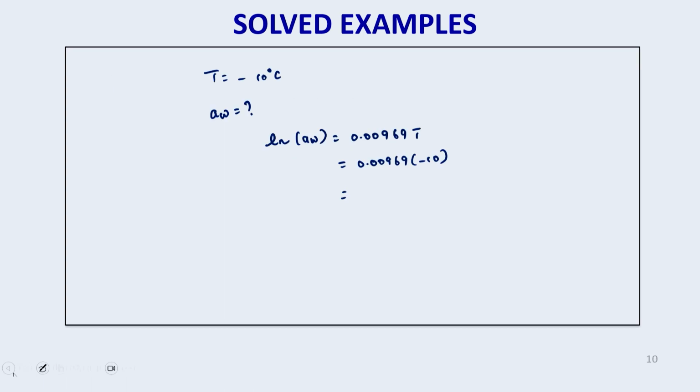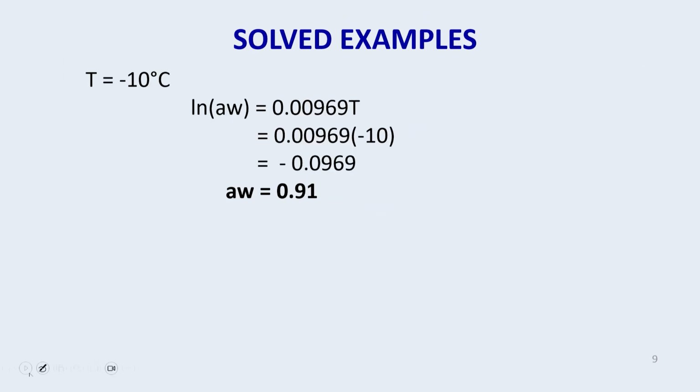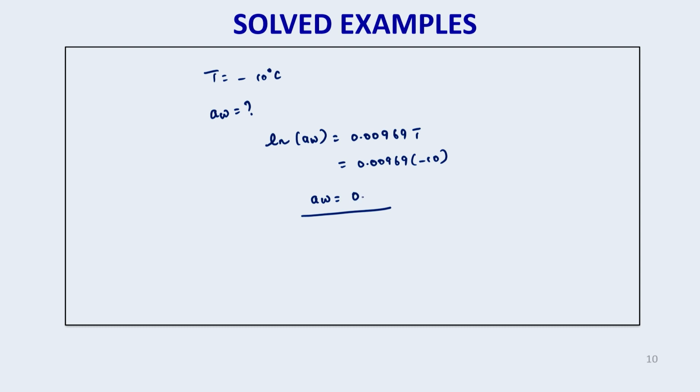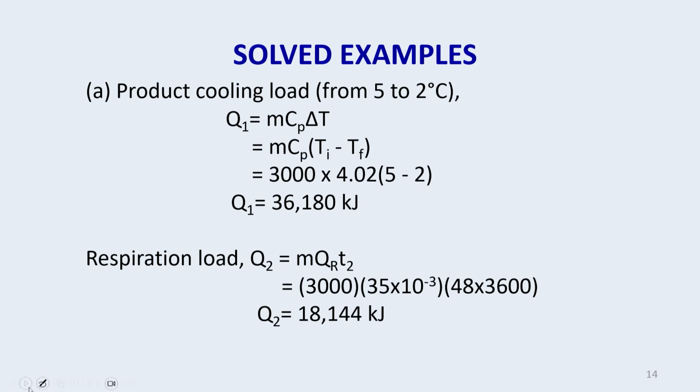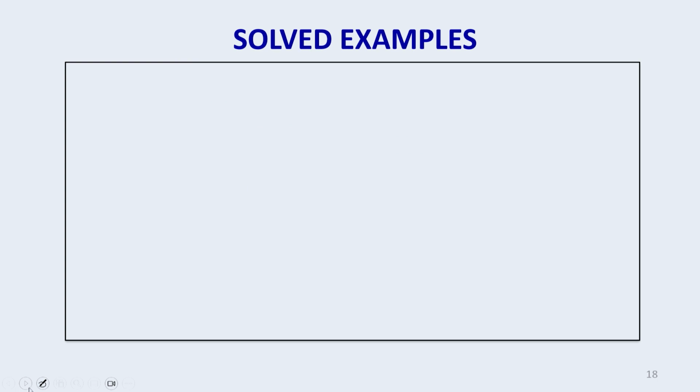When we substitute these values and solve, the water activity comes to 0.91. The water activity range is from 0 to 1, so it cannot be less than 0 or greater than 1 for any food product. Let me conclude at this point. Thank you.